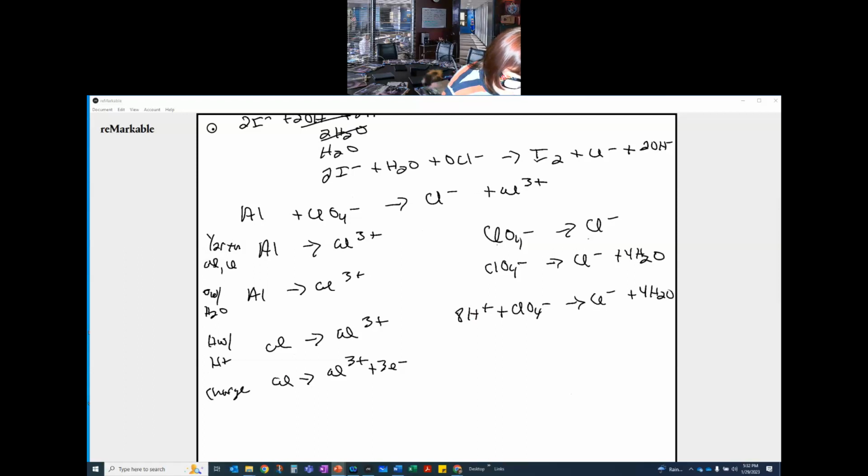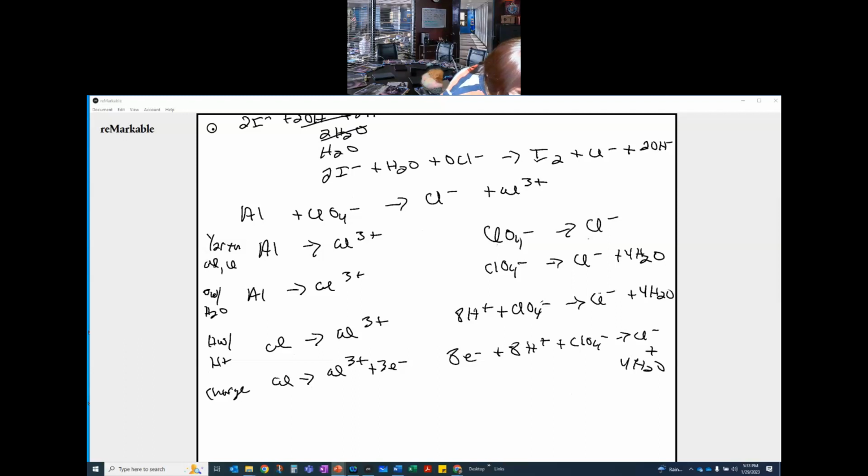Here I have 8, that's 7, and there's 1 negative. No, wait, sorry, that's 8. So I have a negative here, I have a negative here, so I need to add 8 e minus.